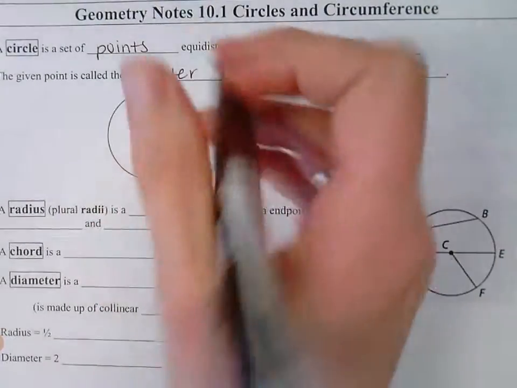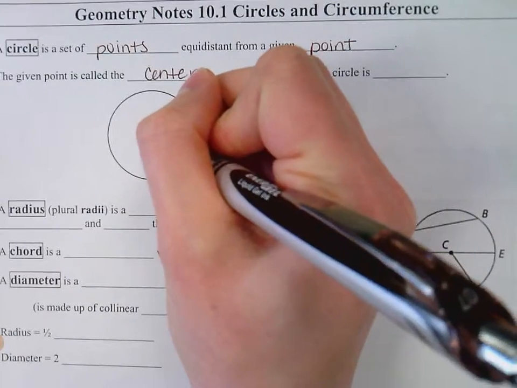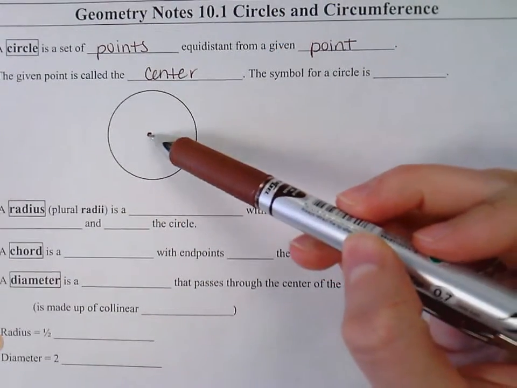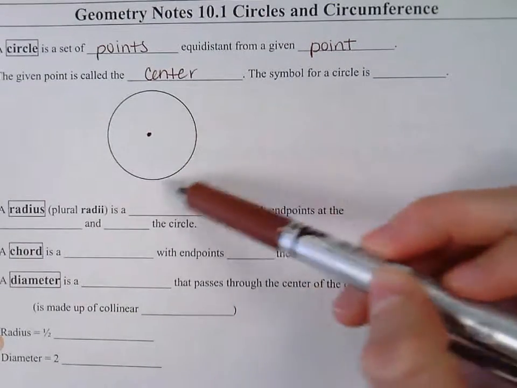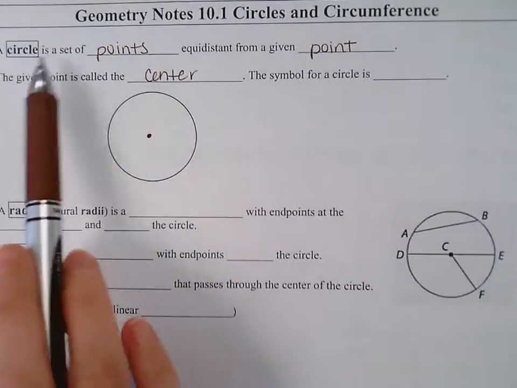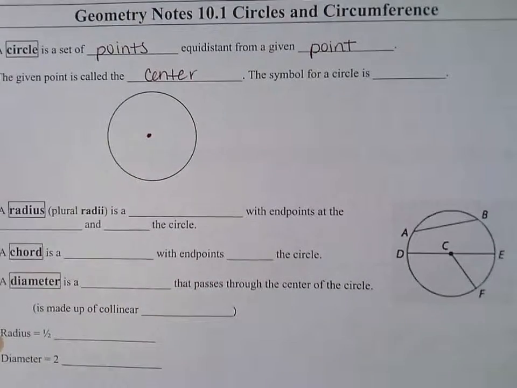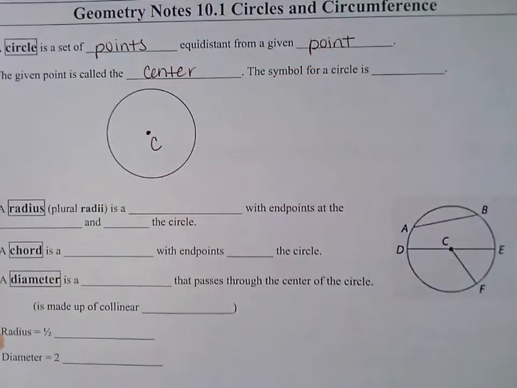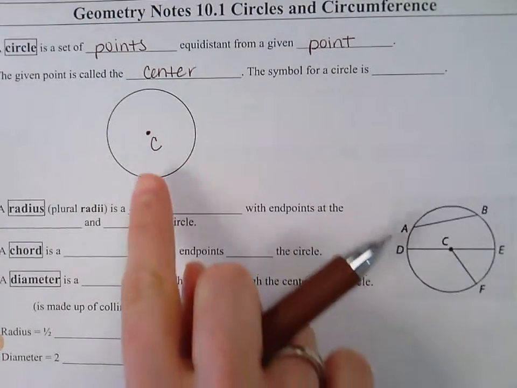So in this circle that's drawn, if you put a point at approximately where that center would be, by definition, the distance from the center to any point on the circle would be the same. That's what that definition is talking about.